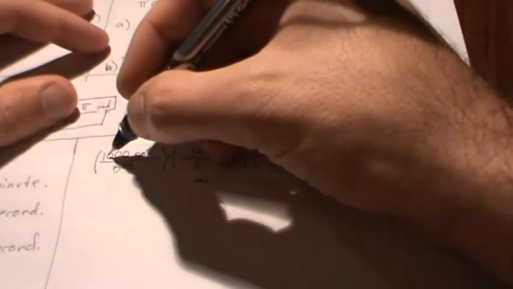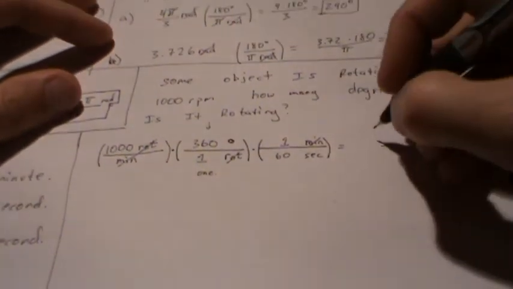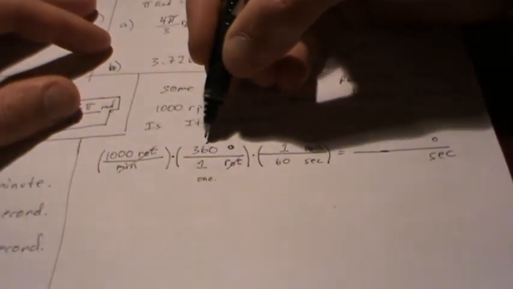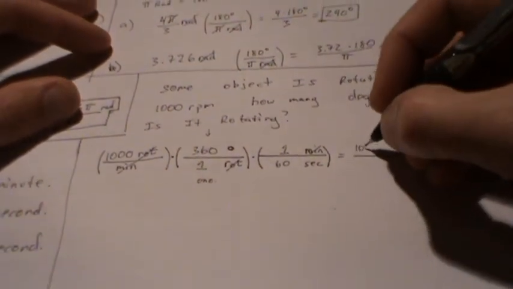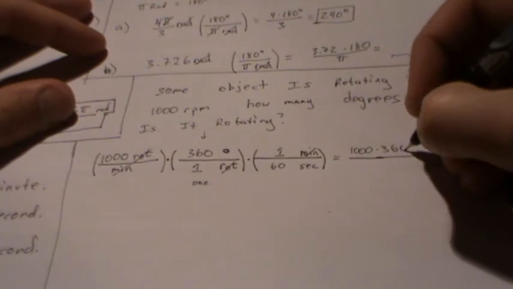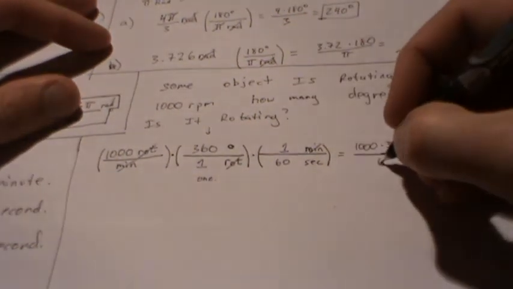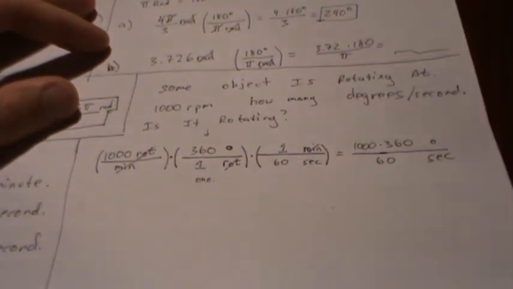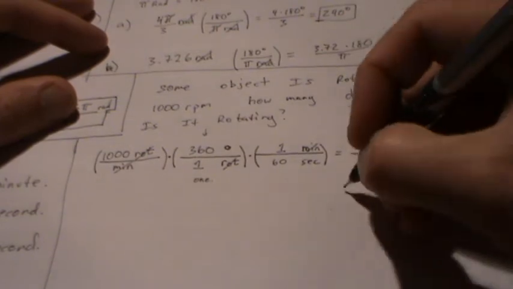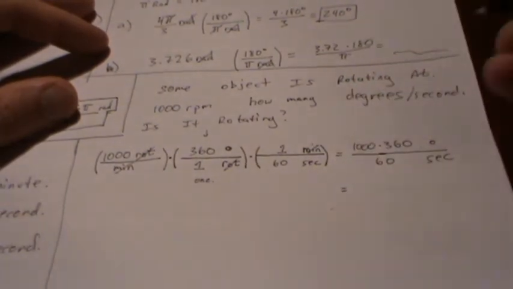And so I need to do 1000 times 360 divided by 60. I take my numbers, 1000 and 360, and write it over here. And now this is in degrees per second. Amazing.